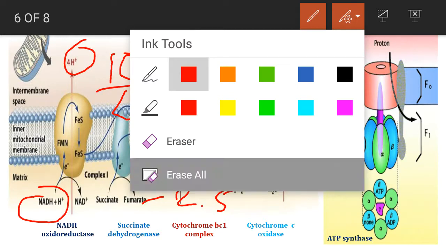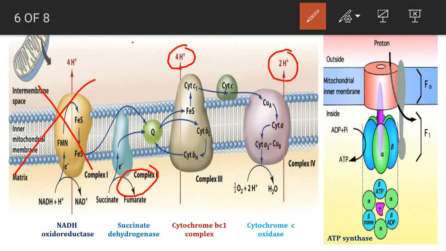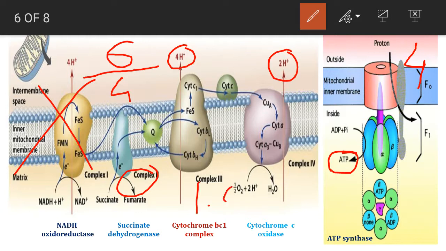Now have a look at FADH2. FADH2 is oxidized at complex number 2, so complex number 1 is neglected. Only 6 protons will be considered, so 6 protons will be transferred because of oxidation of FADH2. Again, 4 protons are required for the synthesis of 1 ATP, so 6 by 4 is 1.5.